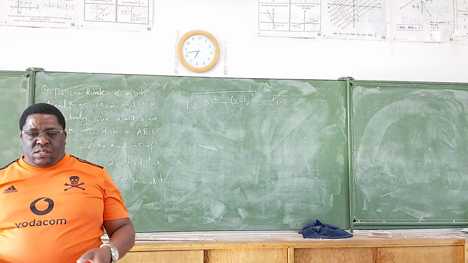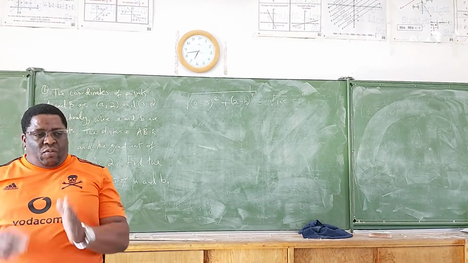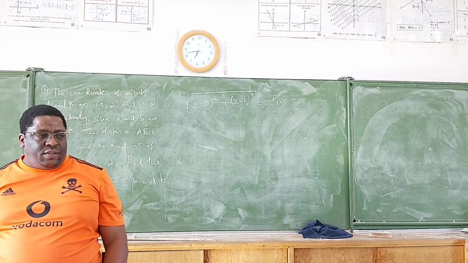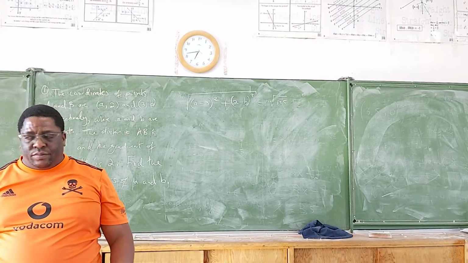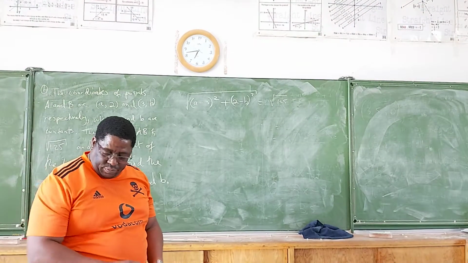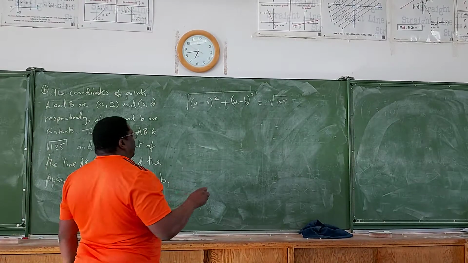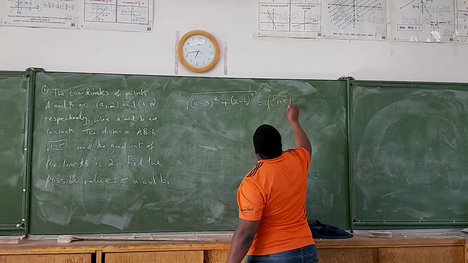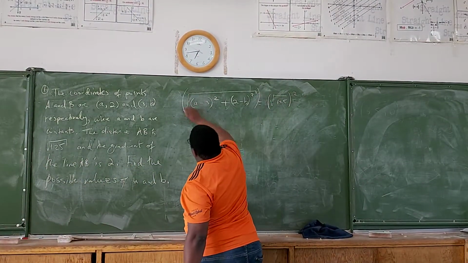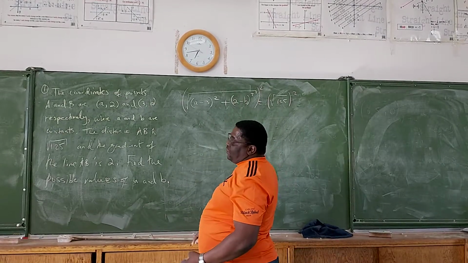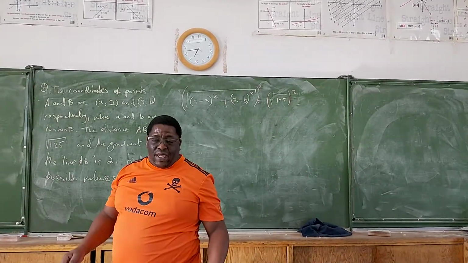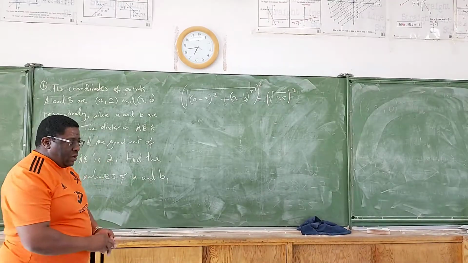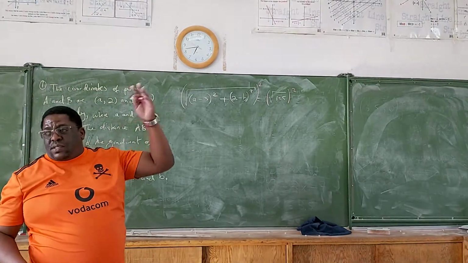They are saying the distance is equal to that. So what is the normal formula? The distance formula is what? Right, so those square roots will disappear. Follow my point? There's no need for me to write it on the other side, but I just did.